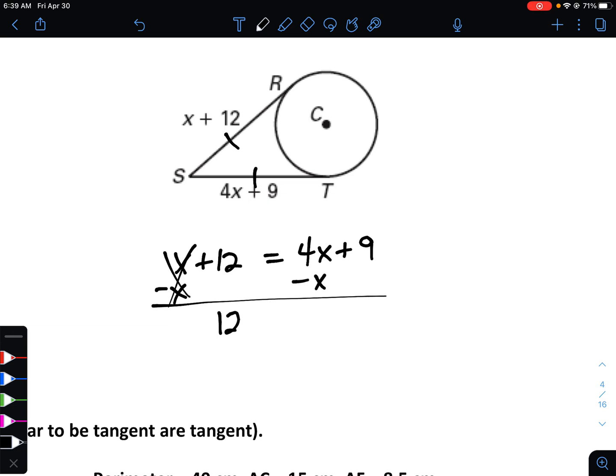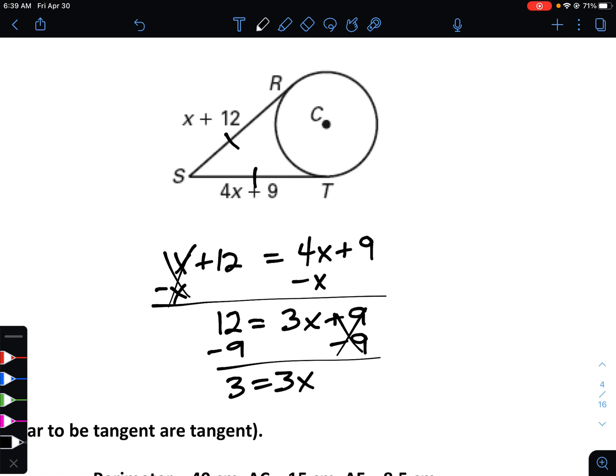That gives us 12 is equal to 3x plus 9. Then we subtract 9 from both sides, so 3 is equal to 3x. Then divide both sides by 3, and that tells us that 1 is equal to x.